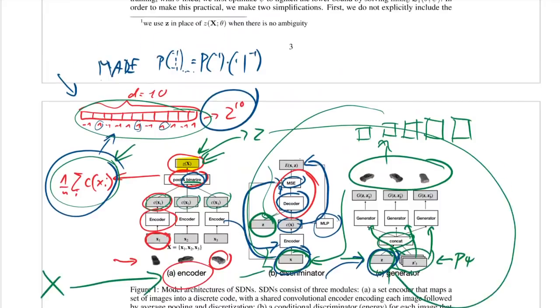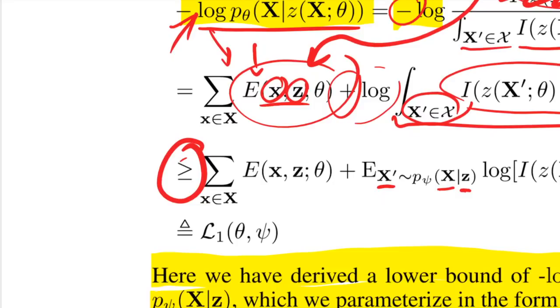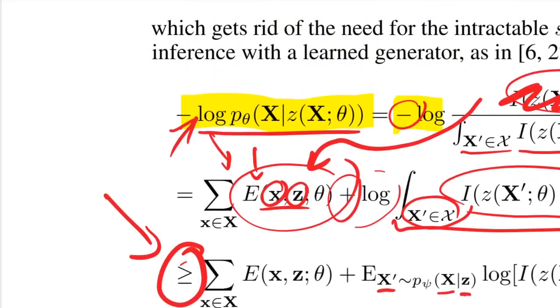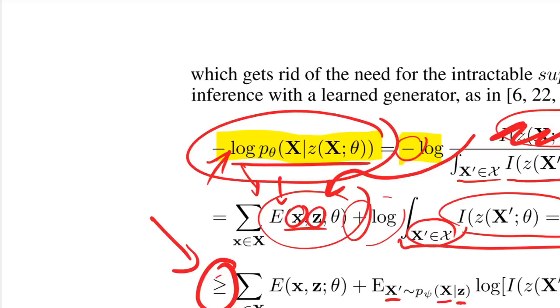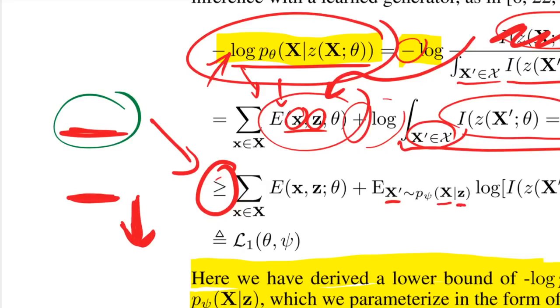So what does that do? Before, remember right here, we had this approximation where we said, what comes out of this, we're not really optimizing this, we're minimizing a lower bound on it, right? So here's a quantity that we want to minimize, but here's a lower bound, and we'll just push that lower bound down by optimizing. Now, that doesn't tell us anything about this thing right here, but there is actually more to it. By optimizing the discriminator and the encoder and so on, we do minimize this lower bound.